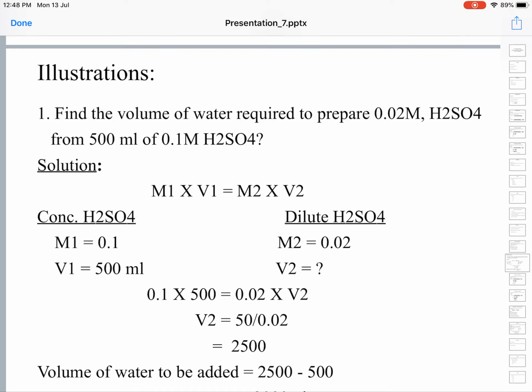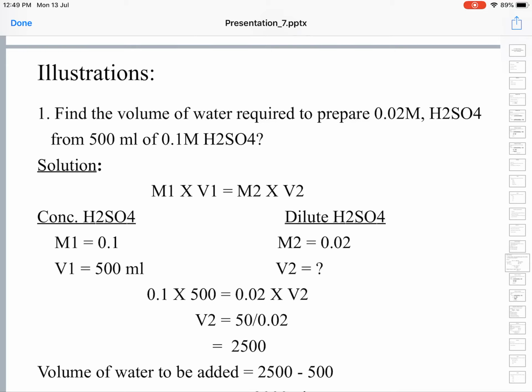How much volume will it become? V2 is what? The formula is M1 V1 = M2 V2. So, 0.1 into 500 is equal to 0.02 into V2. So, V2 is equal to 500 into 0.1 by 0.02.